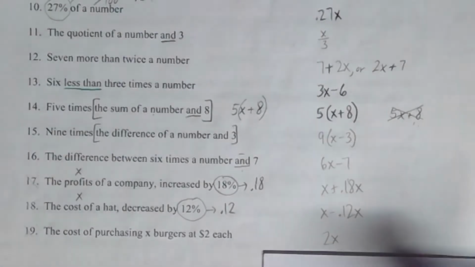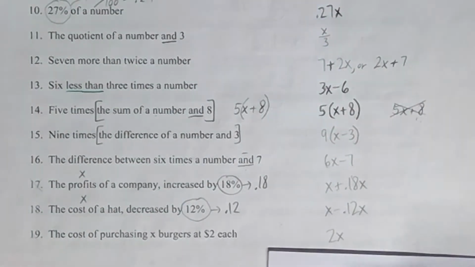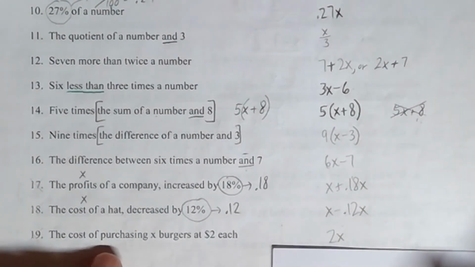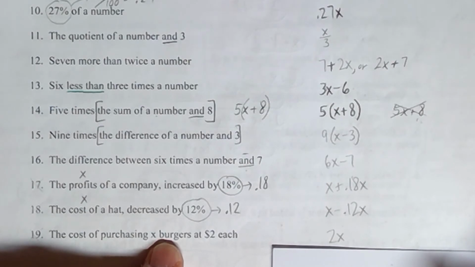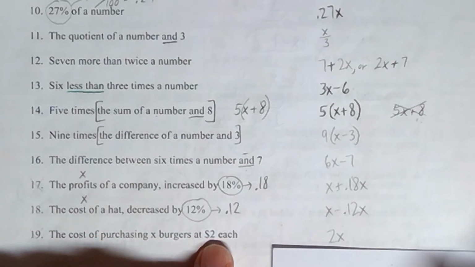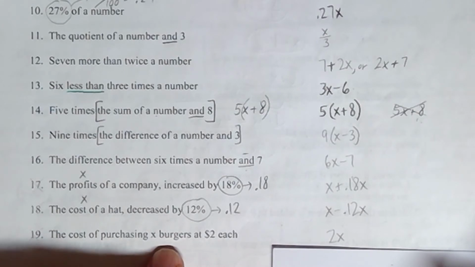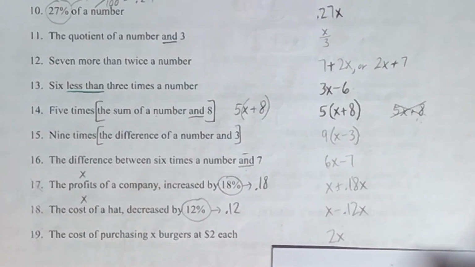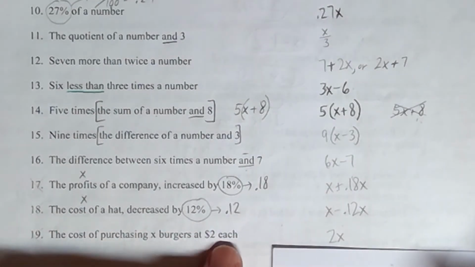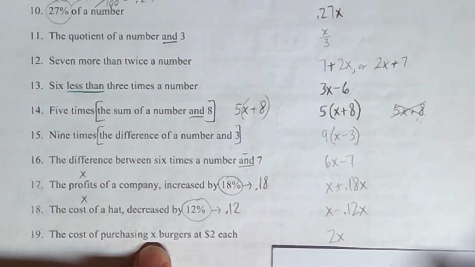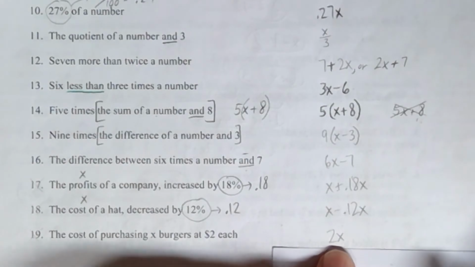You don't need to get too heavily into that right now. Just know that total cost of purchasing this many burgers, all right, is going to be equal to the cost per item, cost per burger in this case, times the number of burgers you bought. Okay, just like with notebooks, cost per notebook times the number of notebooks, cost per burger times the number of burgers. That gives you the total cost of all the burgers you're buying, and so that's why it's 2 times x, and there it is right there.